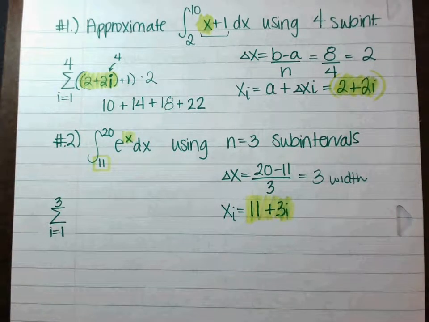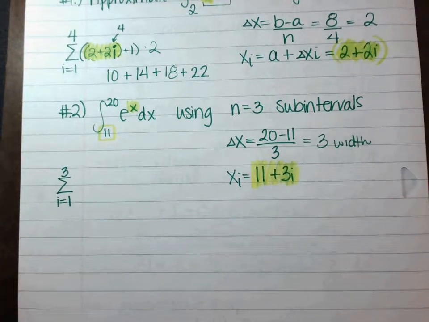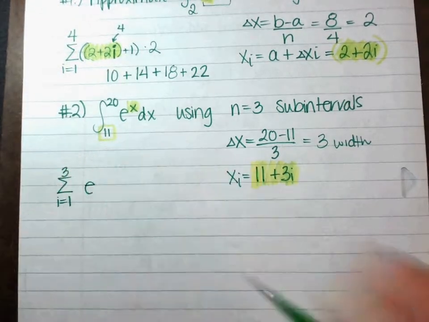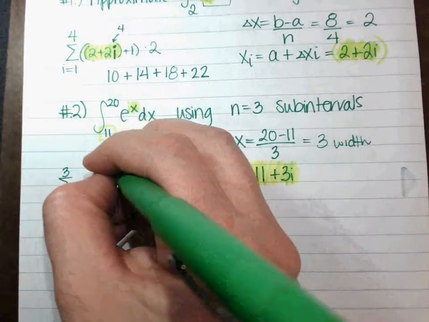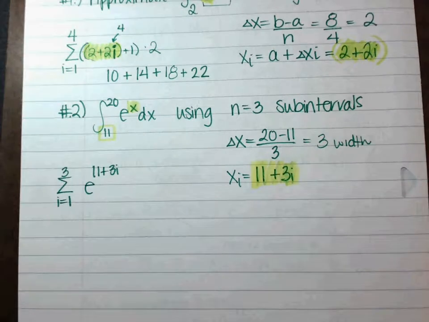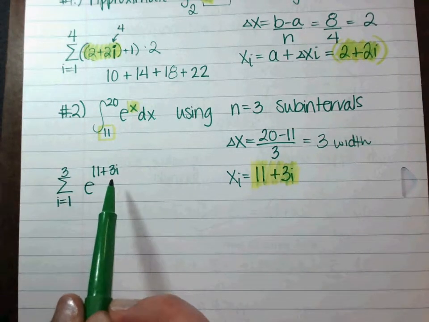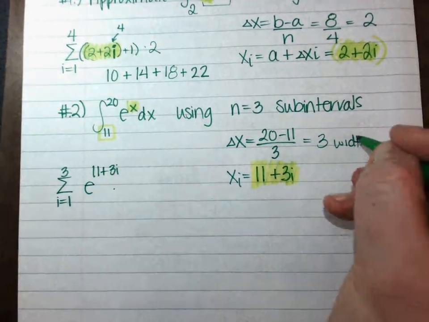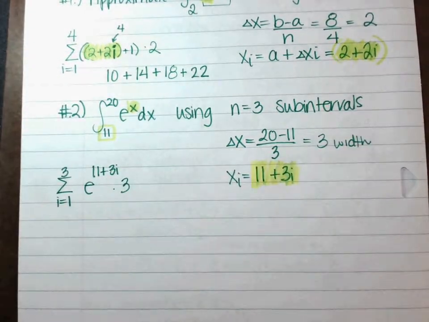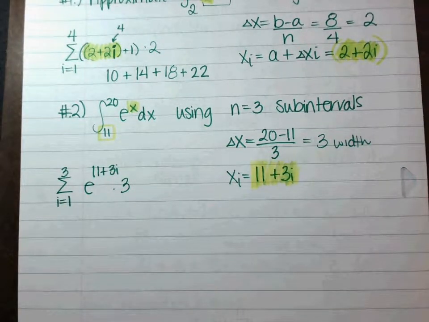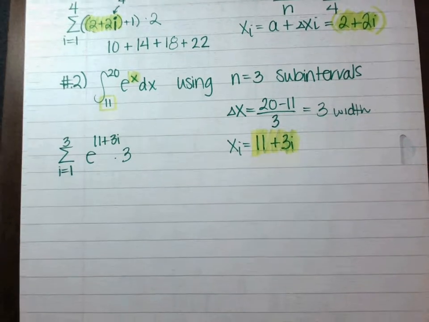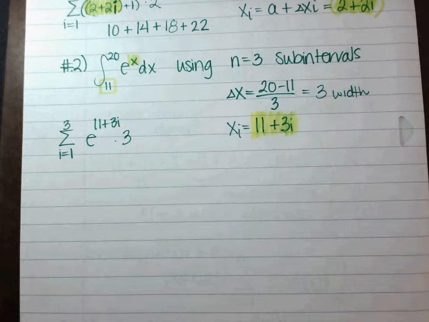So instead of e to the x, what is it now? e to the 11 plus 3i. And then what do I need to remember to multiply? It was f of x sub i times delta x, which was 3. Then from there, how many numbers am I going to plug in? 3. 1, 2, and 3, one at a time.